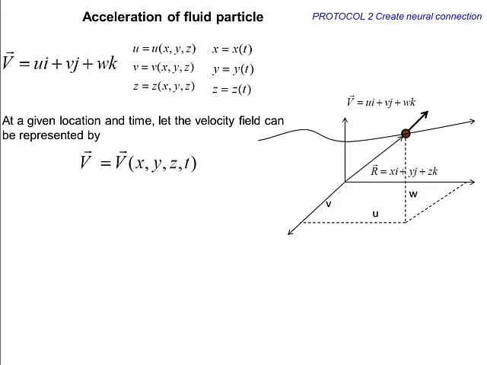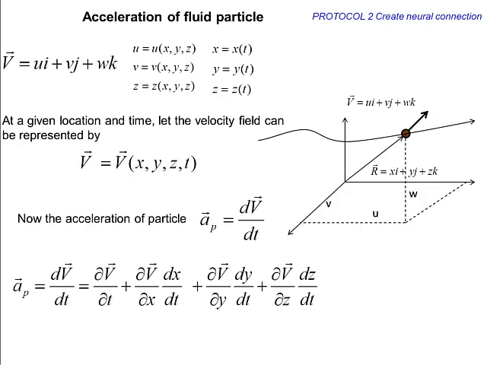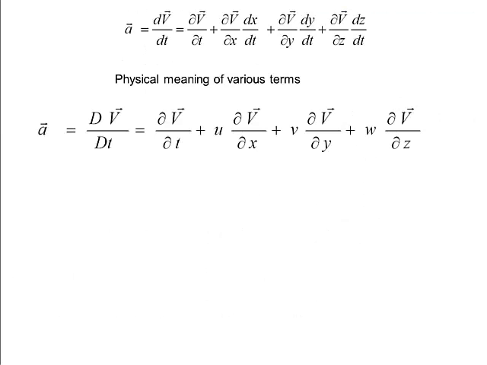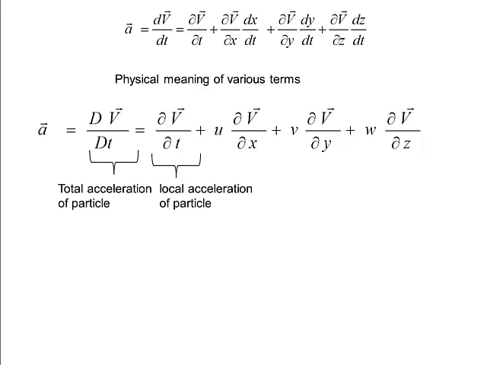The time derivative of velocity vector field will result in acceleration field. Since velocity field has four independent variables x, y, z and t, the time derivative of this vector will result in partial derivatives as indicated. The total acceleration of the fluid particle can be imagined to be a combination of local acceleration and convective acceleration terms.